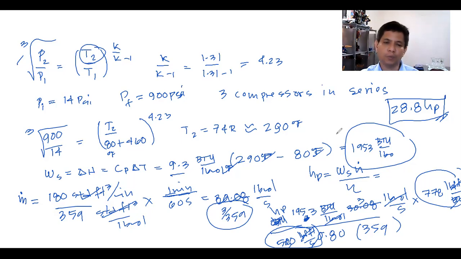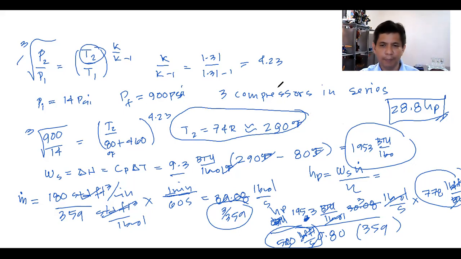The next question is, what is the final temperature? So we have earlier calculated that the final temperature is 290 degrees. This is the adiabatic temperature. Of course, meron tayong 80% lang na efficiency.